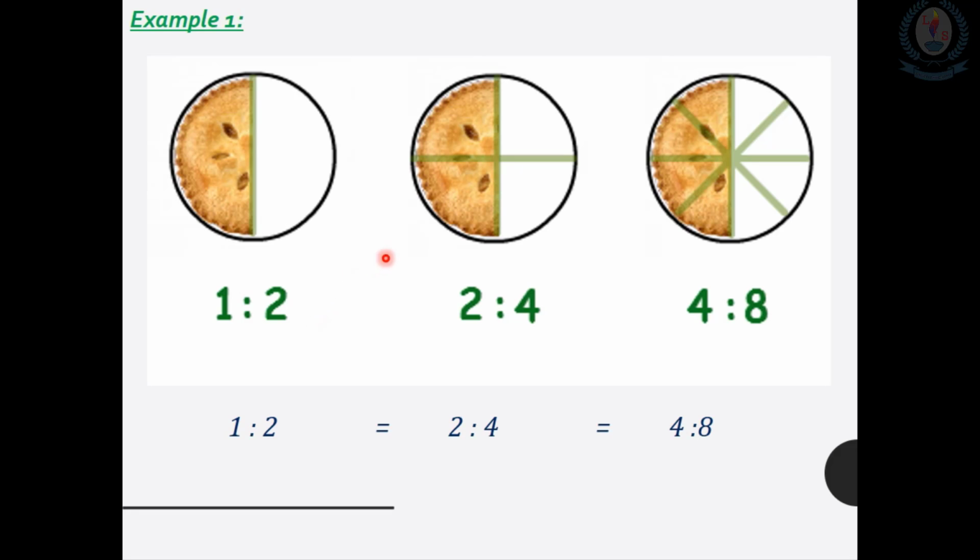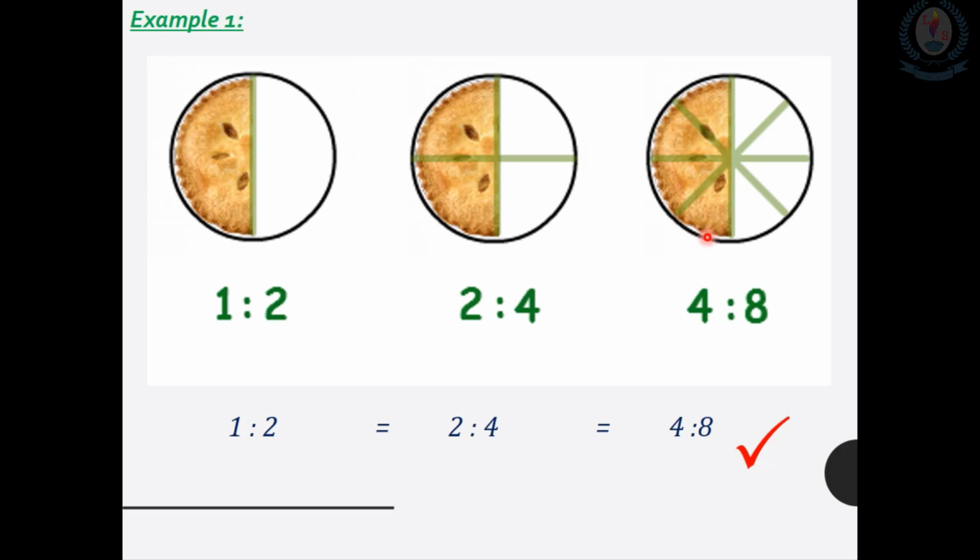Look at this statement. Here I've written the ratios of 1 to 2, 2 to 4 and 4 to 8 all are equal. Is this correct? Yes. Even though they have different terms, in these ratios they all are equal.